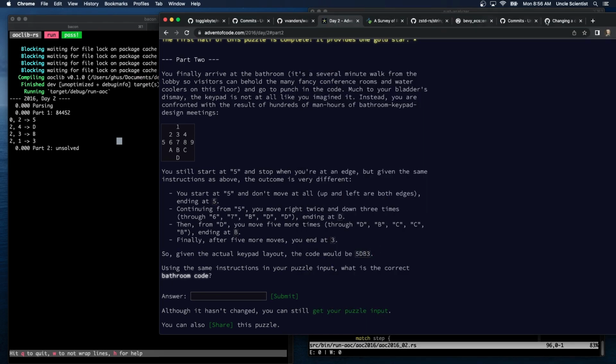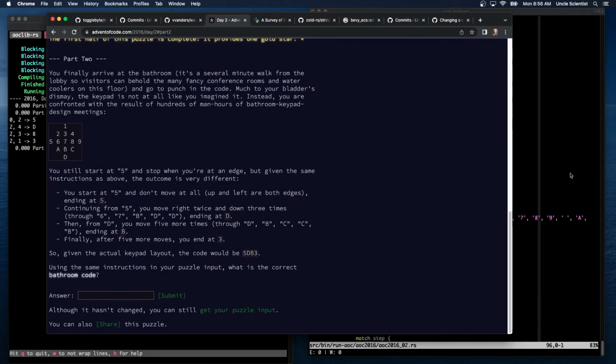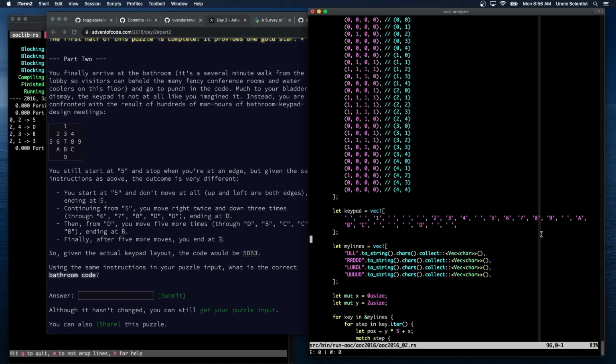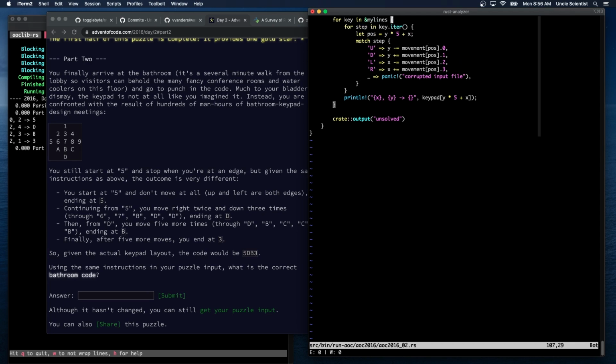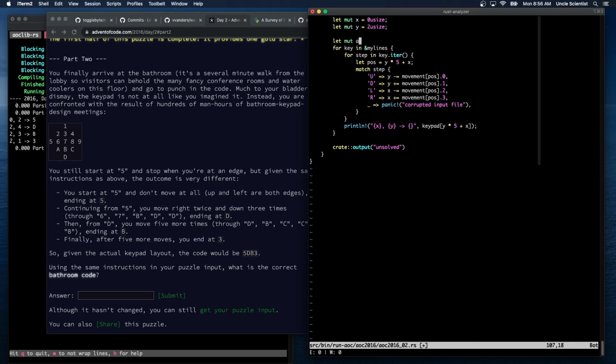5DB3, correct. Okay. So now that's part 2. All we need to do is build the string, the same way we did last time. Let mod answer equals string from that, and we just say answer.push answer.